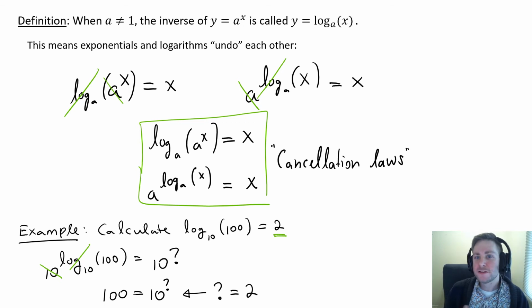Now, phrasing this logarithm as 10 to what power equals 100 is probably how you're already used to thinking of this, so this probably doesn't feel new to you. But what might be new is the developing of a proper understanding of why the logarithm can be thought of in that way. So from this point forward, it's important that you're able to think about logarithms logically like this, rather than as a set of rules and tricks that your teacher gave you.